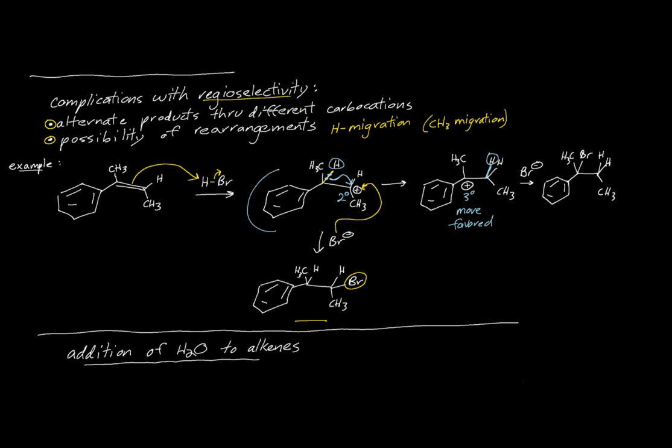You would never have a migration of hydrogen to go from a tertiary carbocation to a secondary. You would almost always have it like this, going from a secondary to a more favored tertiary carbocation. Clearly then the bromine will now come and bond to that plus charge, forming that bond there, and giving the most likely favored or major product.